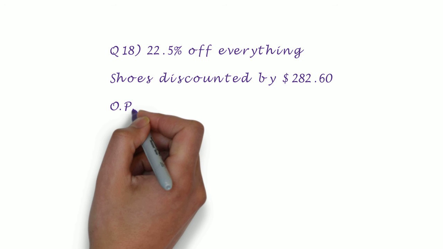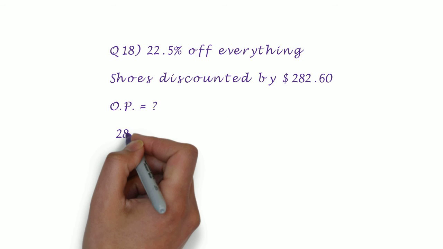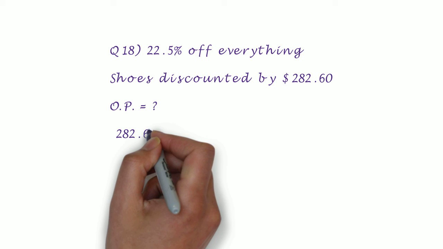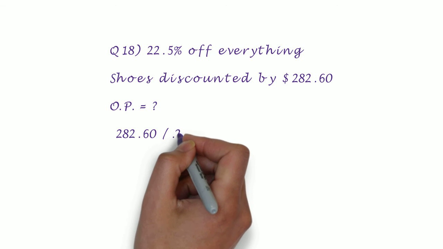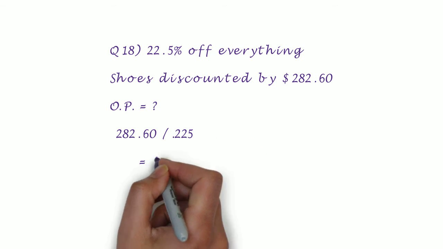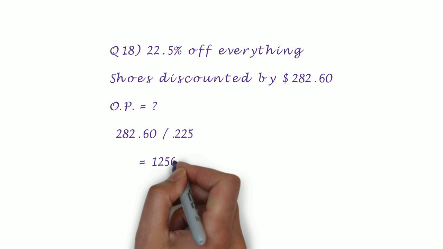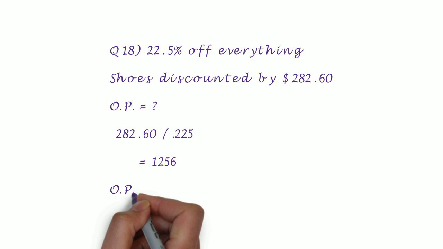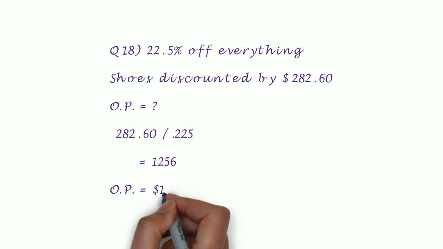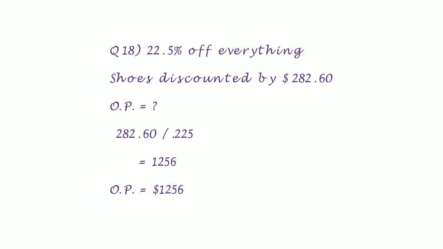So we've got a discount of $282.60 and we don't know the original price. So we'll take the discount amount and divide it by 0.225, dividing it again, and that equals $1,256. So the original price of the shoes was $1,256.